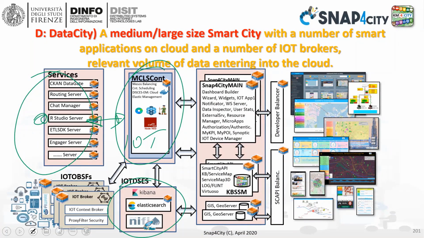If you need a well-defined tool for navigating in the flows and managing all the streams that are arriving in your infrastructure, you need to have the IoT DSS cluster. You can start with one single virtual machine for the IoT DSS and then scale up as soon as you need more capability in terms of data storage and the volume of throughput in data flows that arrive from the brokers.